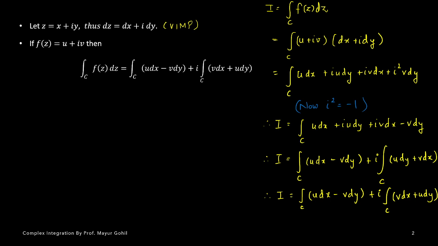Now, what is the importance of deriving this formula and understanding? The key thing over here is to understand that we must separate our function into the real and imaginary part. The solving of the integral becomes easy if we collect the real terms together and the imaginary terms together. That is what this formula is basically talking about.